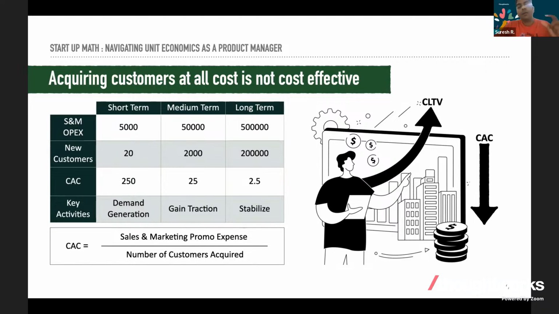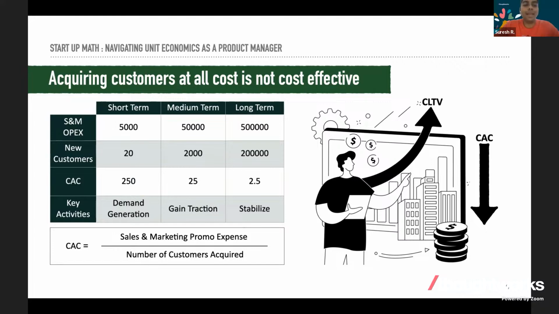When we look at the proportion, though my cost is increasing, the number of new customers acquired is exponentially increasing, which in turn means that my cost of customer acquisition is going to go down drastically. So in the stabilization phase, though the sales and marketing expense is going to increase, my CAC has to decrease.